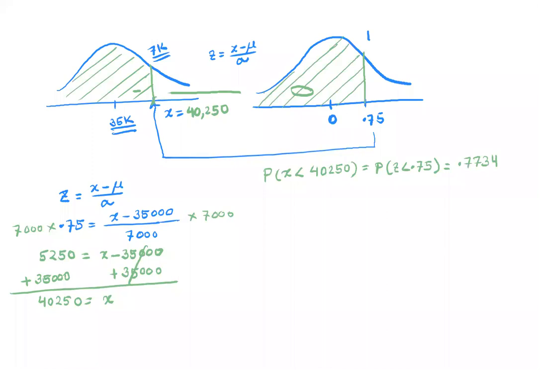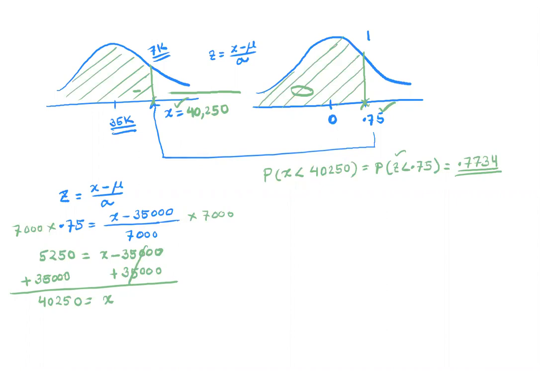The probability that a randomly selected person makes less than 40,250 is the same as the probability that z is less than 0.75, right? And we looked it up in the table for 0.75, positive z value. That gives me 0.7734.